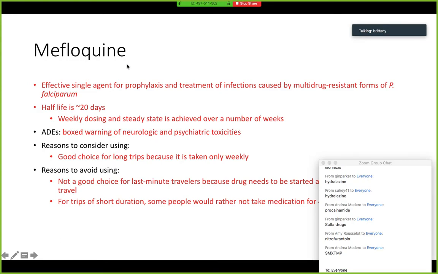So mefloquine. It's an effective single agent for prophylaxis and treatment of multi-drug resistant forms of P. falciparum. The big thing here is you want to be careful in patients who already have psychiatric history or issues because mefloquine can exacerbate that.